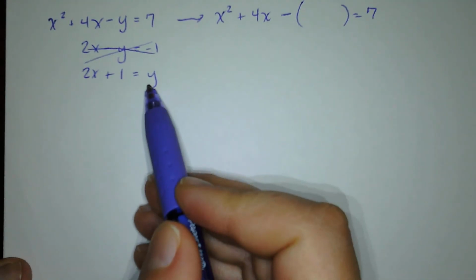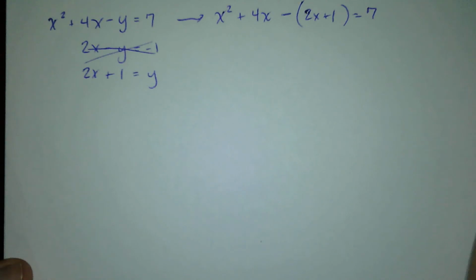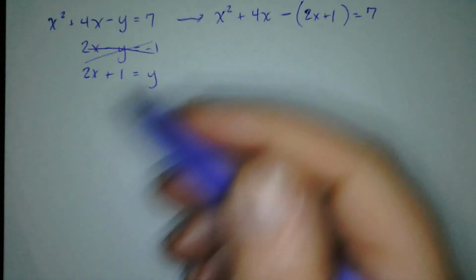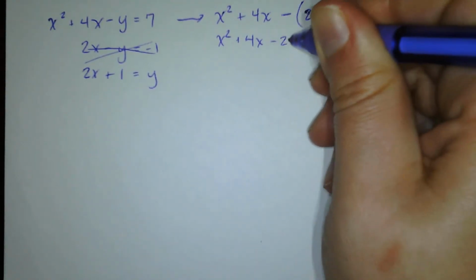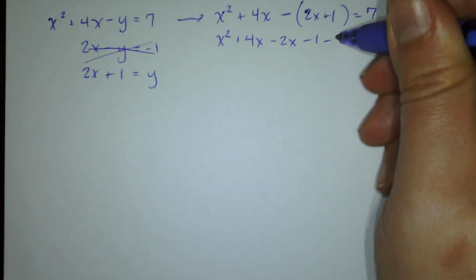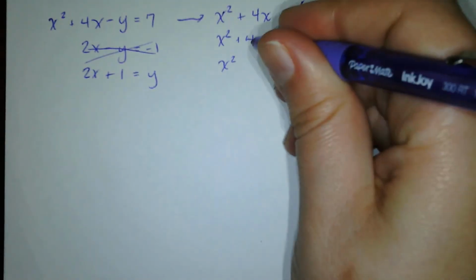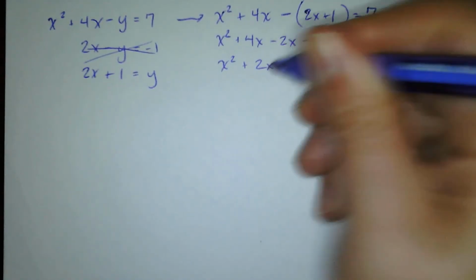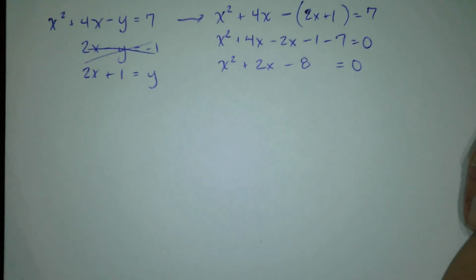But instead of y, we're going to write down this 2x plus 1. Now this is all one variable. We're going to be able to do something with this. So x squared plus 4x minus 2x minus 1, and I'm going to bring the 7 over, so minus 7 equals 0. Let me combine these. x squared, 4x minus 2x is 2x. Negative 1 minus 7 is minus 8 equals 0.